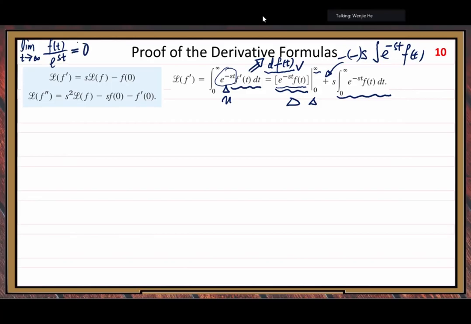If not, things could be very bad. If f of t grows much faster than the bottom, then it does not converge. You get garbage, it does not exist, out of control. So we need that condition.